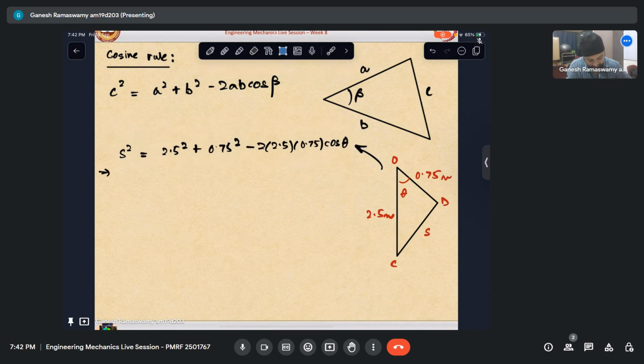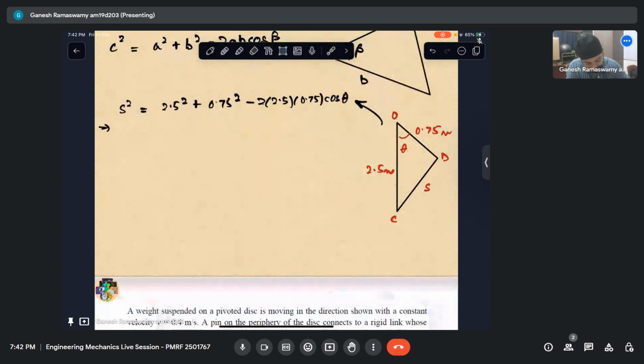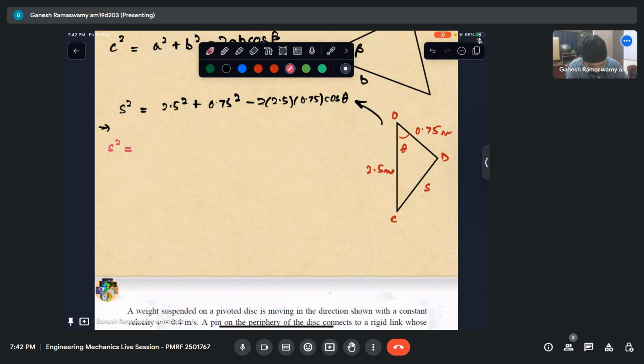Okay, so this gives me S square is nothing but 2.5 squared plus 0.75 squared minus, what is this quantity? 15 fourths, which is 3.75 cos theta.